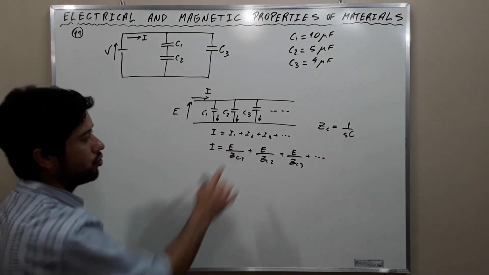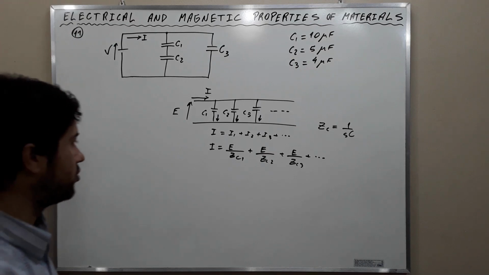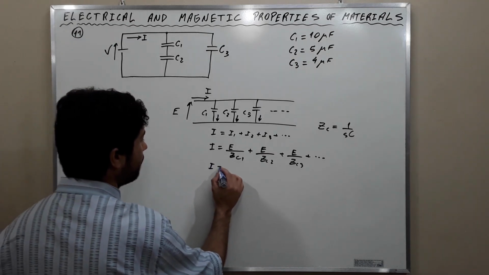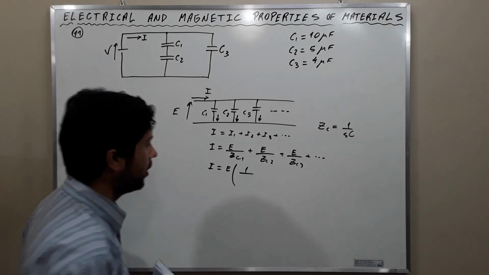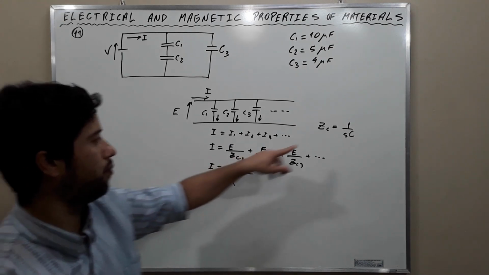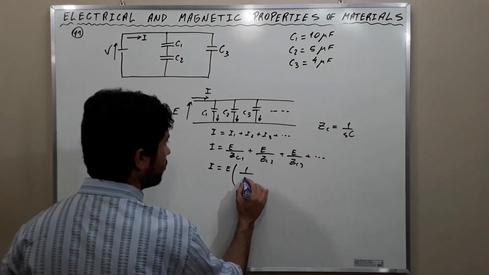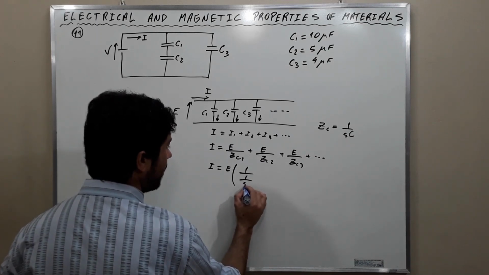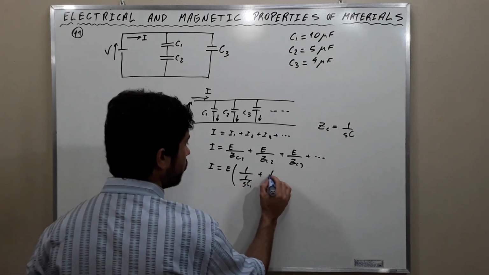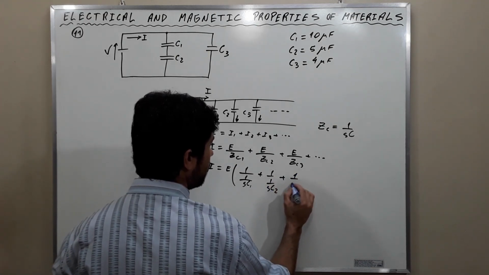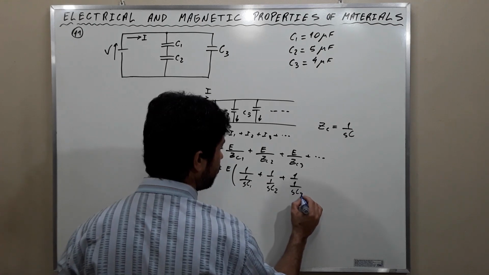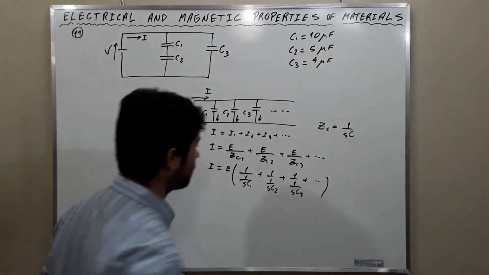We are going to factor out this E to isolate E, and we find that E is equal to 1 over, substituting this by this, 1 over SC1 plus 1 over SC2 plus 1 over SC3, and so on.